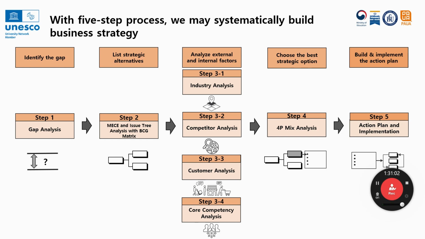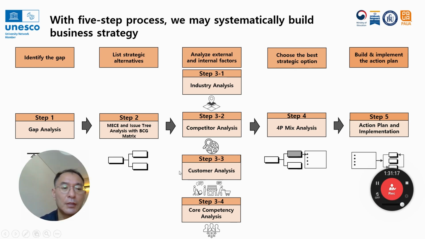So in combining a lot of those key elements, this is the process I developed from step 1 to 5. Let me finalize the overview of the business strategy building process, and from the next class, we will tackle each one of the entire process of building business strategies.